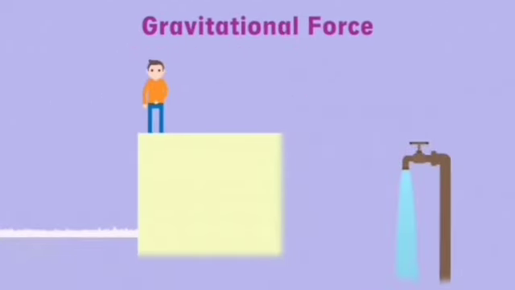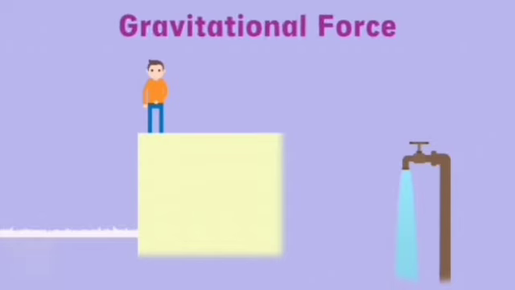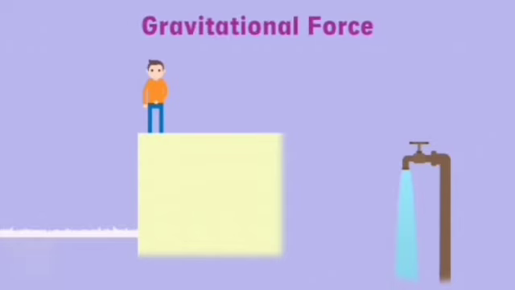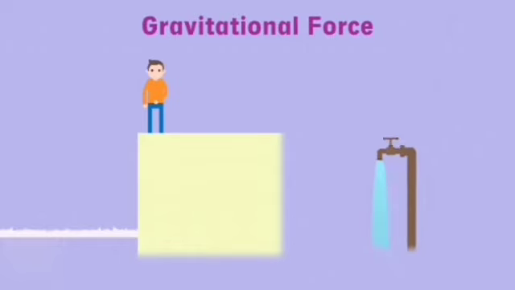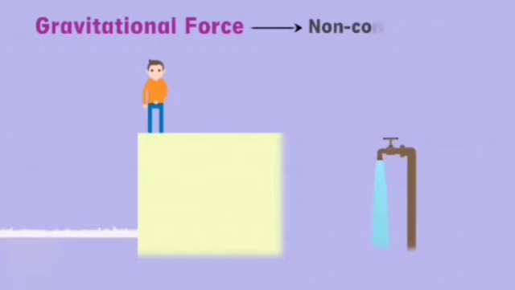When you open a tap, water begins to flow downwards. This is because of the gravitational pull of the earth on water. Is gravitational force a non-contact force? Yes, it is.